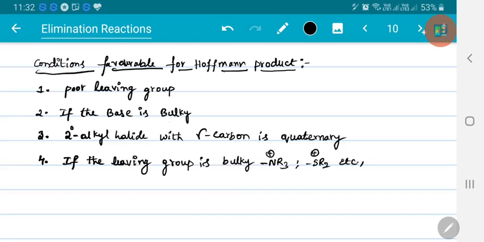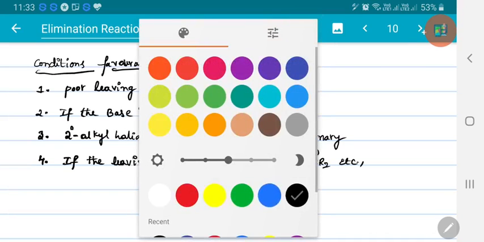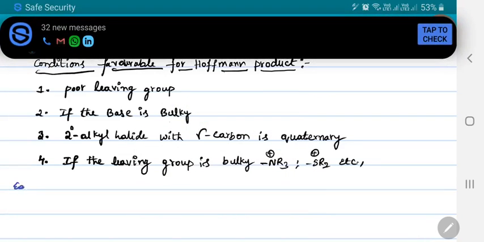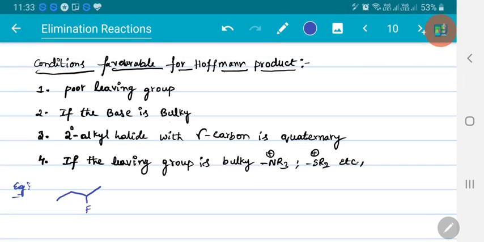Now let me check that with certain examples. So let me take an example. If I have taken fluorine here, fluorine is a poor leaving group.